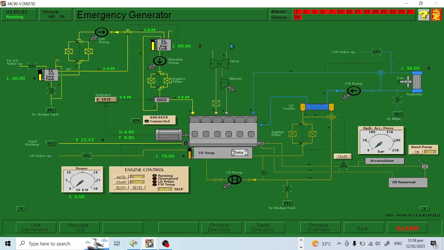You can do trial and error, and even if you make mistakes, you can reload the simulator and start again until you understand the principle of the simulator's operation, the engine operation, or whatever machineries you are trying to learn.